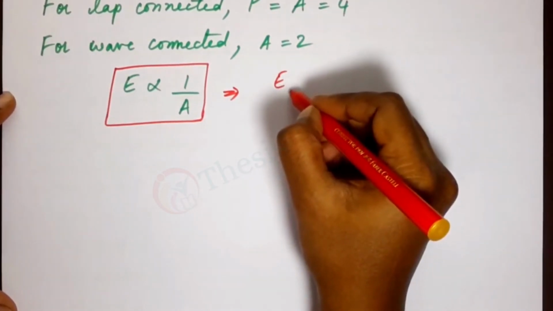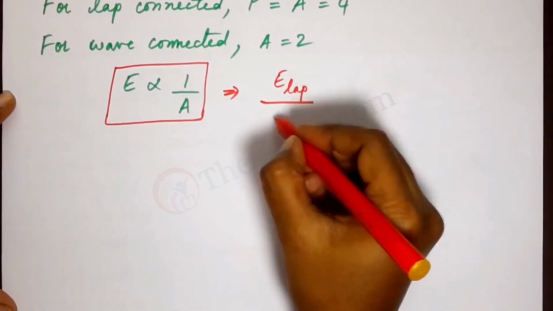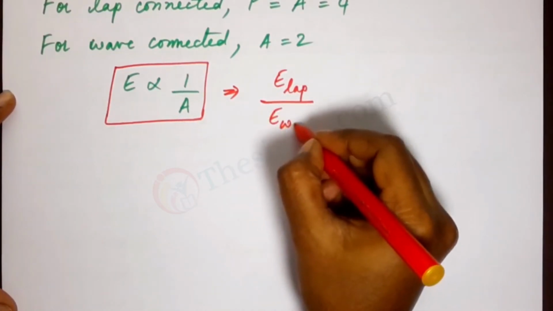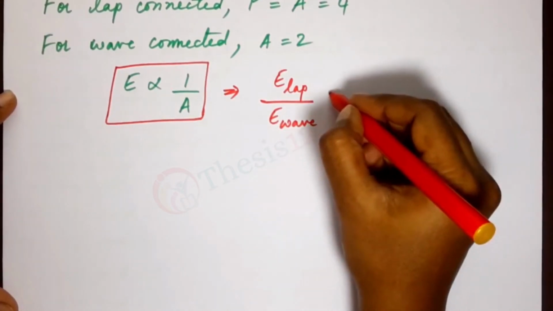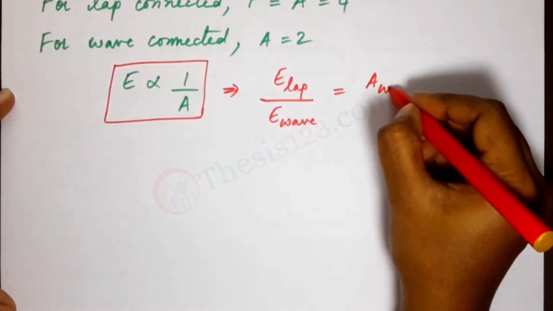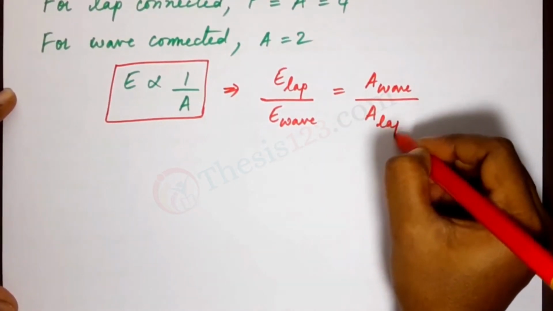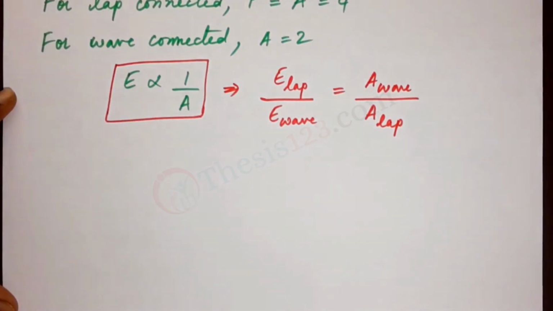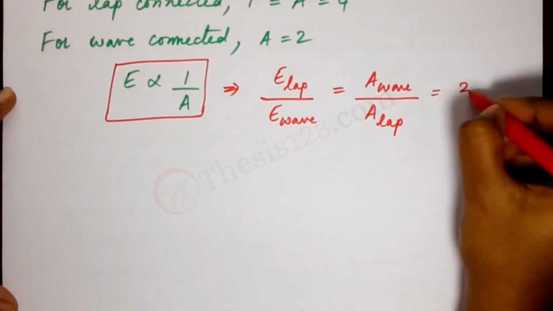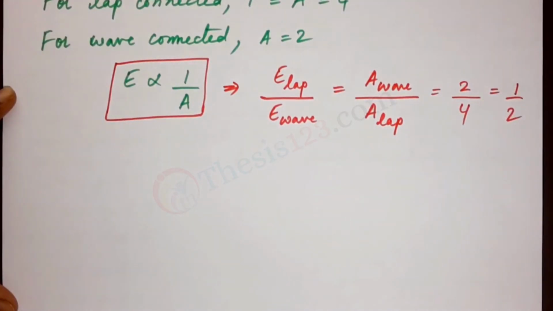E lap, that's the induced EMF of lap winding, divided by EMF of wave winding is equal to the parallel paths of wave winding divided by the parallel paths of lap winding. Now the ratio here is 2 by 4, which is equal to 1 by 2 or 0.5.